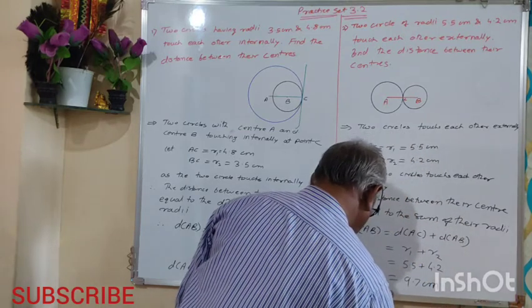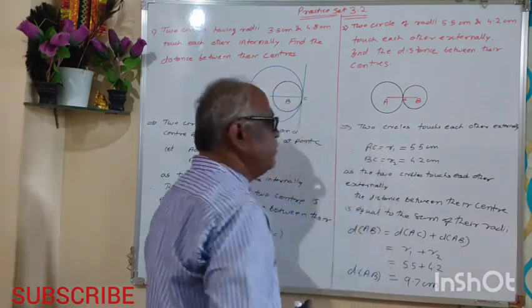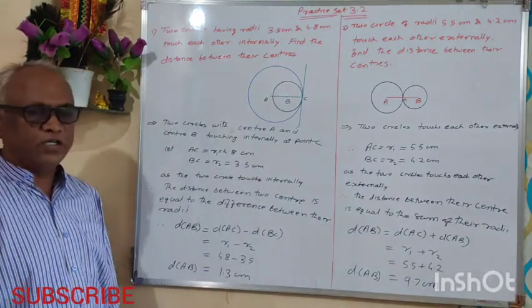That is distance AB. Here the two examples we have seen. You can take the screenshot and write it.